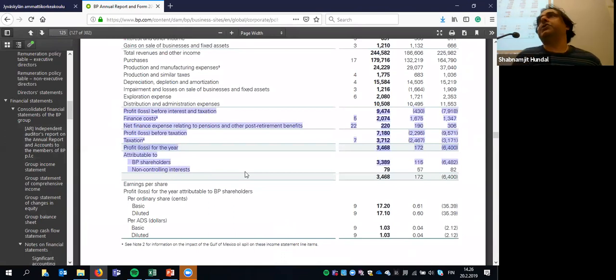Debt has an advantage, one which I didn't discuss today, but I discussed a few times more in the class. And the answer to this quiz lies here. Debt has an advantage that it is treated favorably by the taxman. Here you see the finance cost.